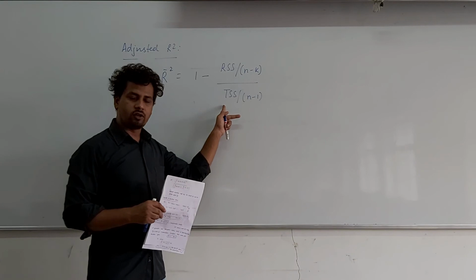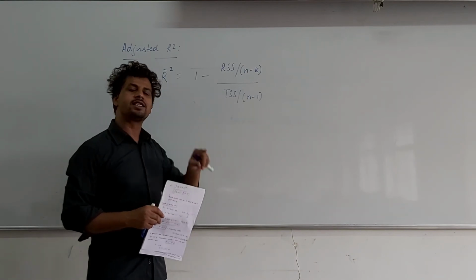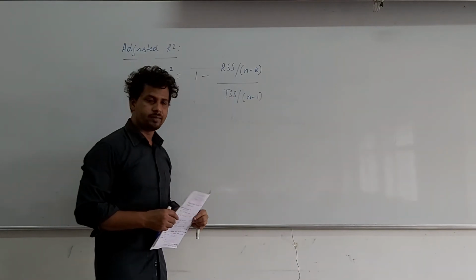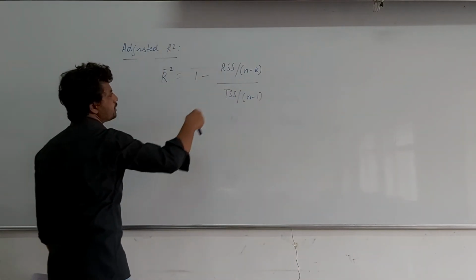In order to calculate the total sum of squares, I only need one estimator, that is the mean of y. That's why I use only 1 degree of freedom, right? So adjusted R square is this term.